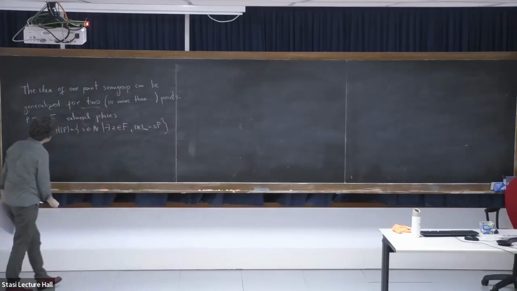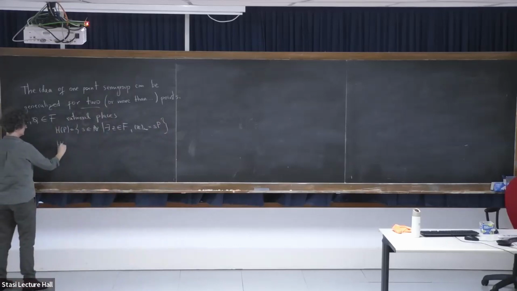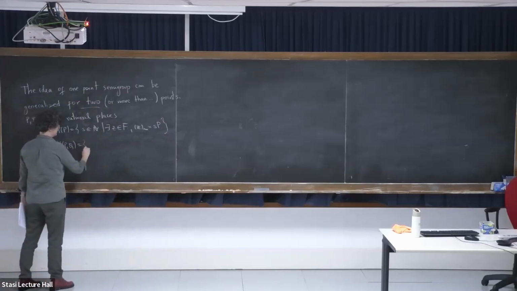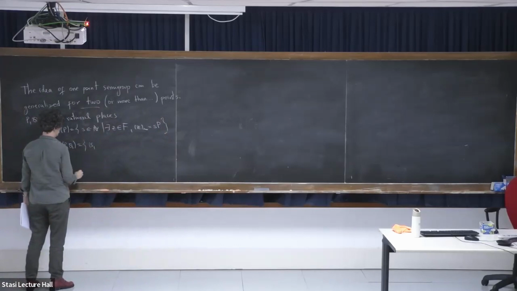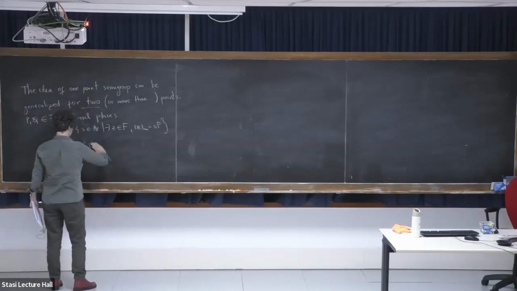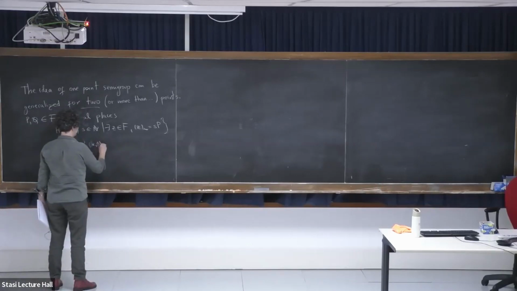Okay. So how do we do it for 2 points? Well, you don't want numbers, you want tuples or pairs. So the pairs will be like (alpha, beta).